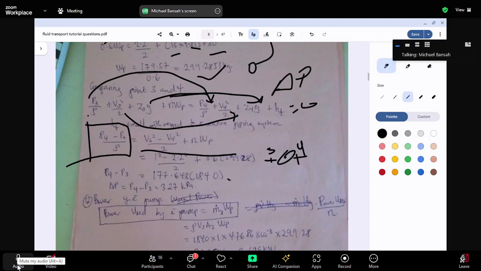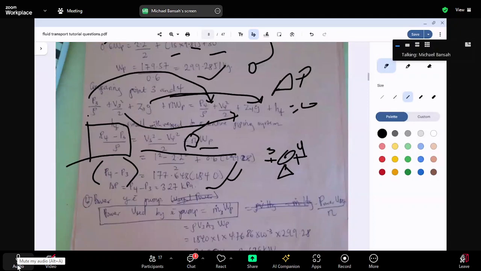Now, if you should continue your calculation, I won't say the answer we'll get will be very accurate because at the end of the day, our P4 minus P3, which is change in P, which is what we are looking for, the efficiency is 60%. This has been found. So just substitute.